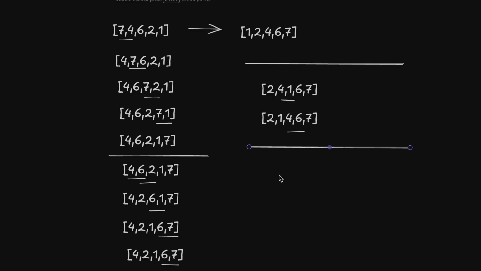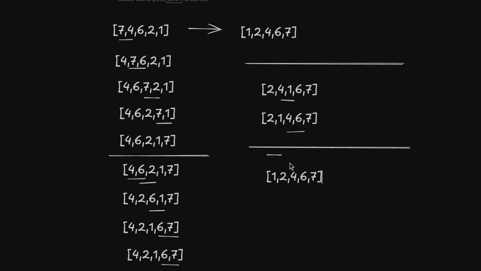Now we will go to the fourth pass. So okay, now we'll check this 2 and 1. Okay, now we can see 2 is greater than 1, so we have to swap it. 1 2, then 4, then 6 and then 7.